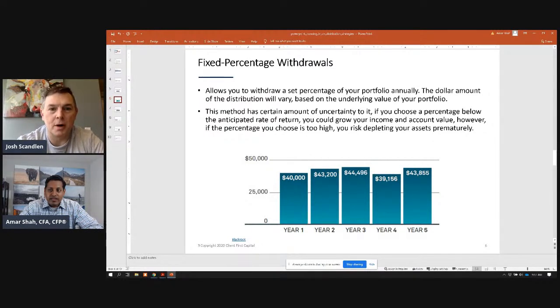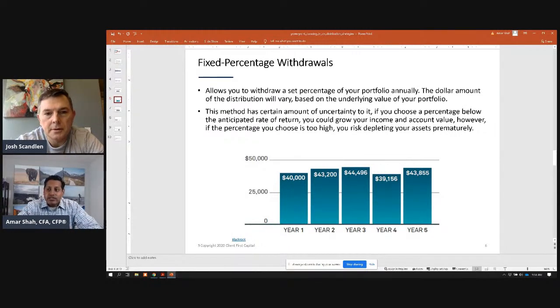All right, so where are we at? We're at fixed percentage withdrawals. Here we're taking a fixed percentage out of a portfolio, and we're doing that every year. The pros to this, it's pretty easy. You just calculate, let's say it's 5%, 4%, like the rule, at the end of the year, 12/31, and then withdraw it for that next year.